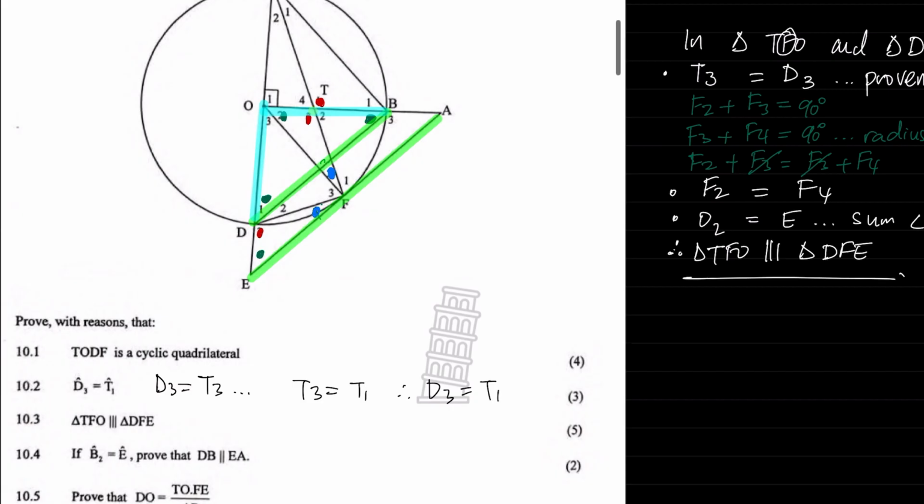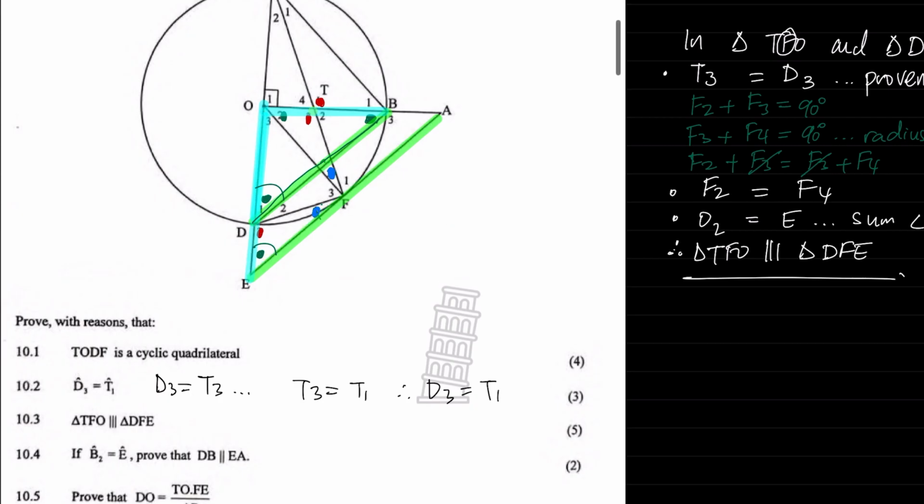And then the last thing is, we can see that they're going to be corresponding angles because there is a letter F here. There's the letter F, like so. I can just show it to you like this. All right. So we've shown that they're parallel.